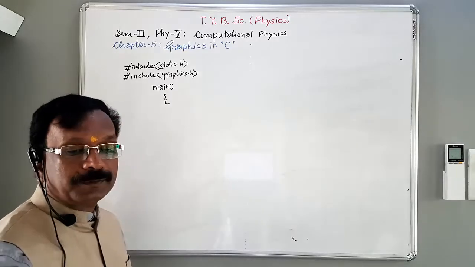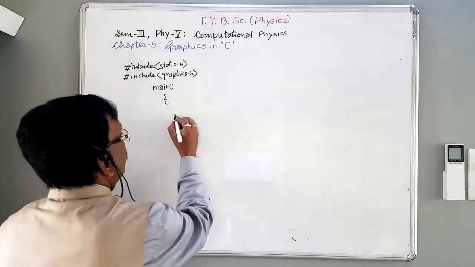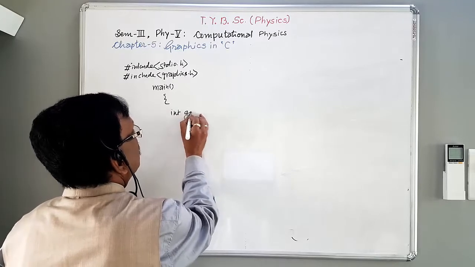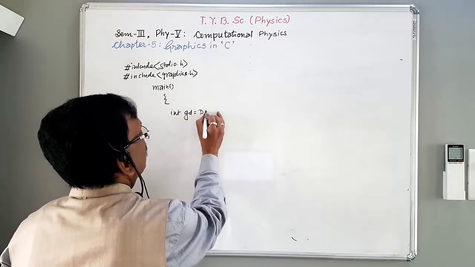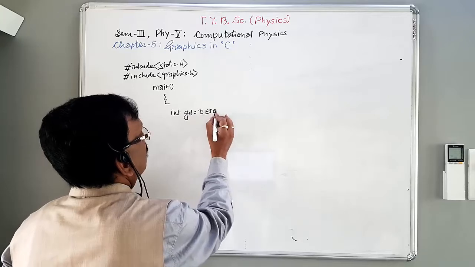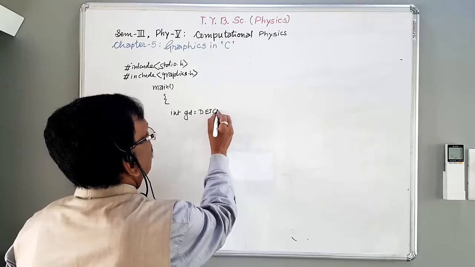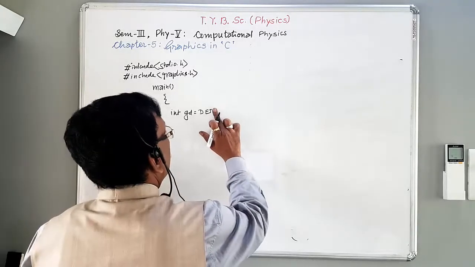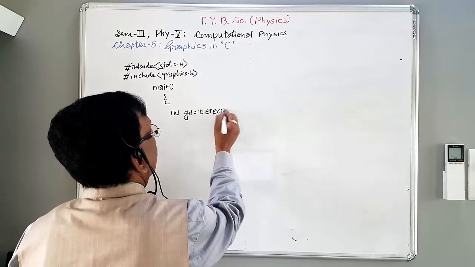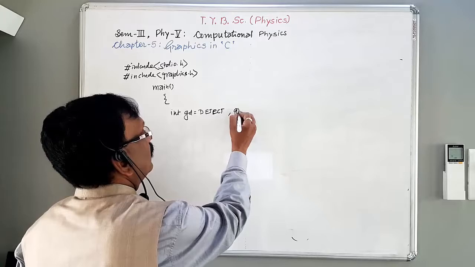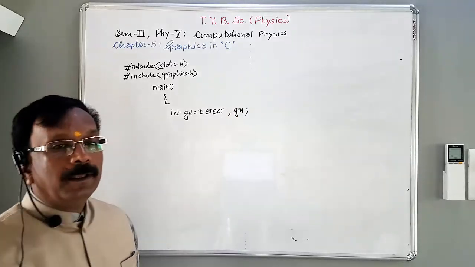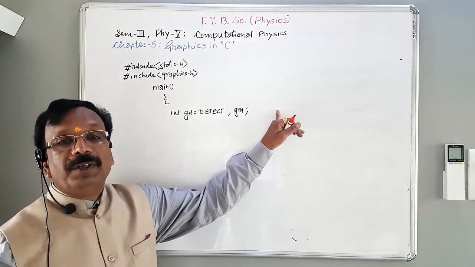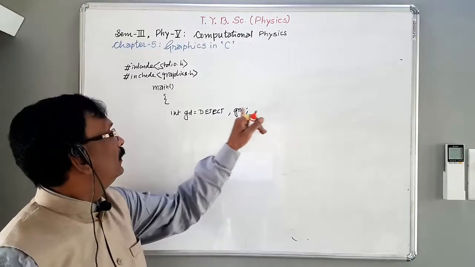Inside the program we have to initialize integer gd is equal to detect, gm. Okay. Now this is the auto detection of graphic driver and graphic mode.